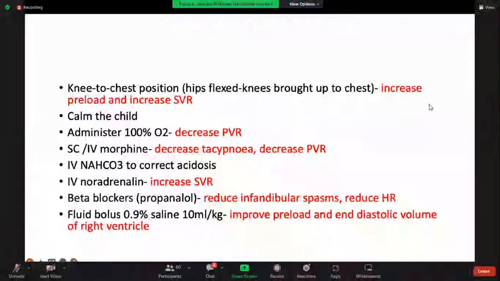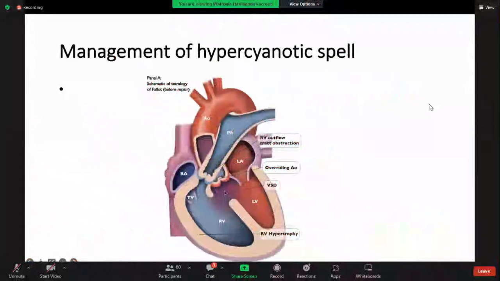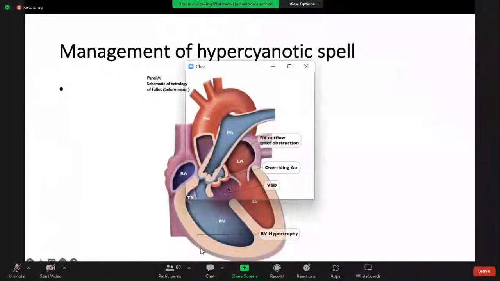So as you can see, there's not enough pulmonary blood flow. So definitive treatment would be the correction of this defect. So we are going to close the VSD and we are going to open up the pulmonary artery.